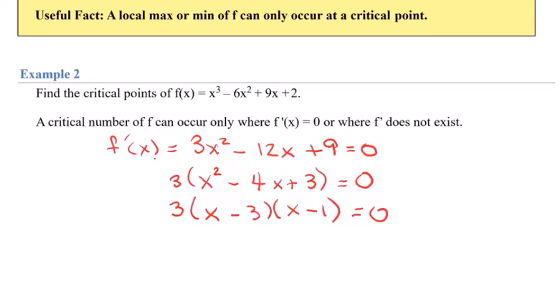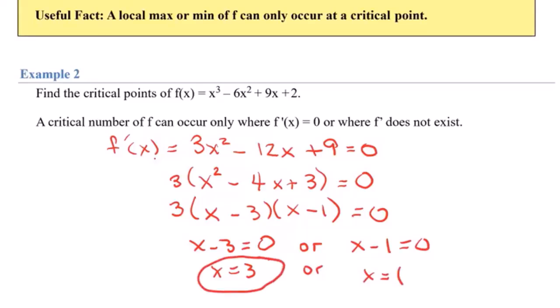So we have two conditions. Either x minus 3 equals 0 or x minus 1 equals 0. I add 3 to both sides, I get x equals 3, or if I add 1 to both sides, x equals 1. These are my two critical points. So we found the critical points, and f prime exists everywhere.